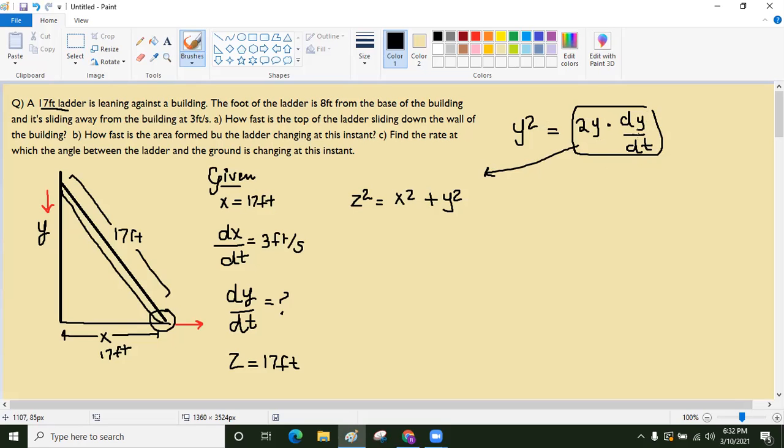So the idea here is that all the other variables here, z and x, and dx over dt, all of those must have concrete values. And then once they do, we can solve for dy over dt. What I really mean by that is that if you think of something like this, 4x plus 3 is equal to 0, what is x?